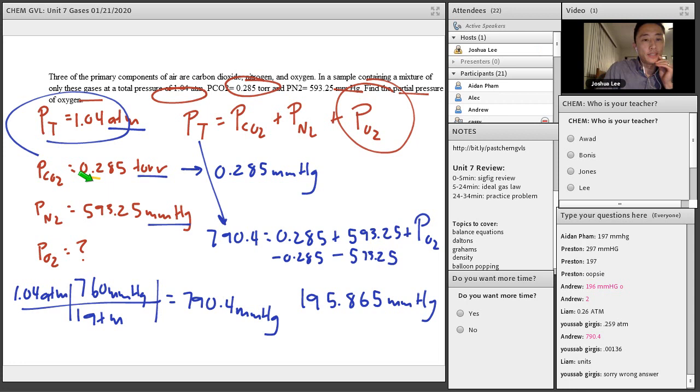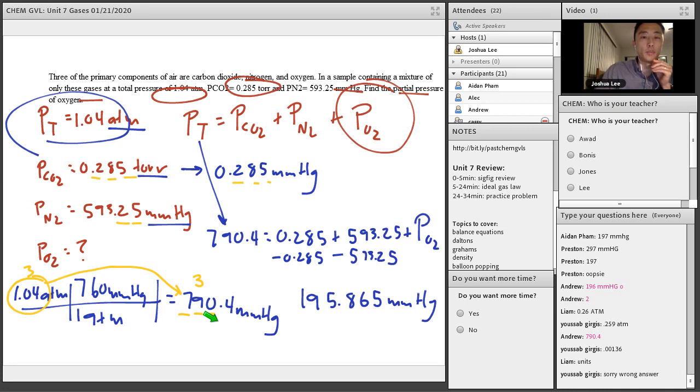Sig figs here, it ends 3 past the decimal. For the nitrogen, it ends 2 past the decimal. Then for my atm, I started off with 3 sig figs. So when I converted it to millimeters of mercury, I need 3 sig figs here, which ends in the ones place.